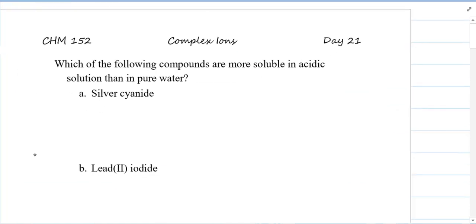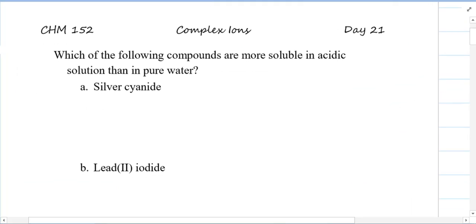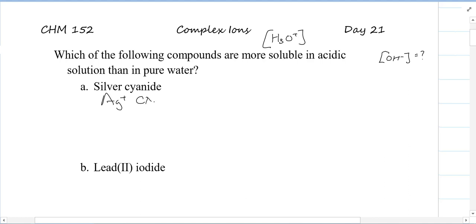Which of the following compounds are more soluble in acidic solution than pure water? Well, silver cyanide. I need to know if I have H3O plus around. So I'm looking for, does my base produce OH minus? Silver is Ag plus, cyanide is CN minus.